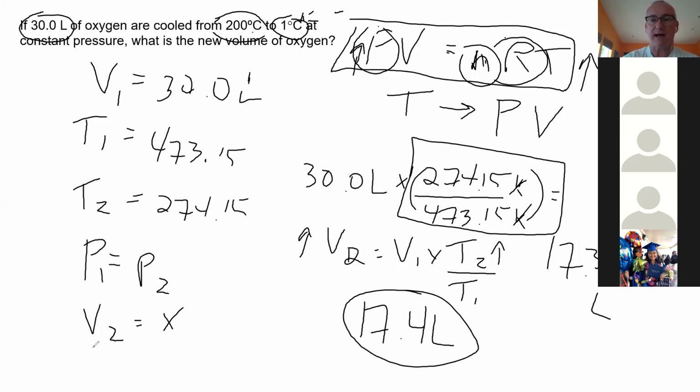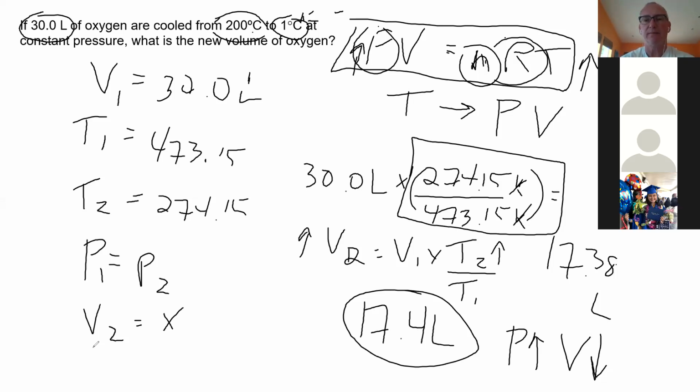So if P goes up, V has to go down if everything stays the same on the other side. If my number of moles stays the same and the temperature stays the same, then as P goes up, V must go down so that they stay equal to each other. But since P and V are on one side of the equation and T is on the other, they're directly related. Hopefully that's not too confusing an explanation.